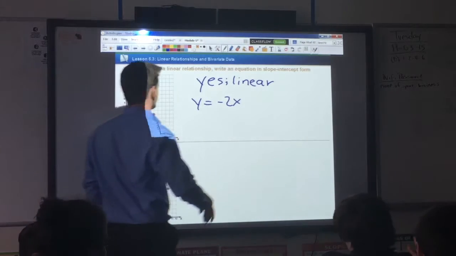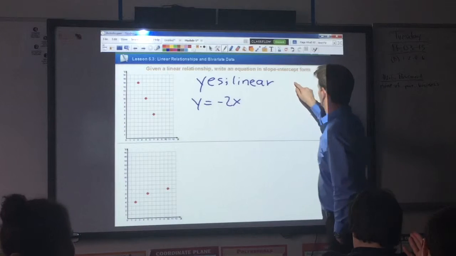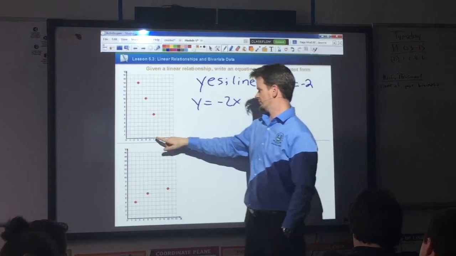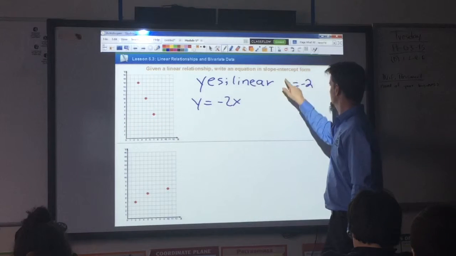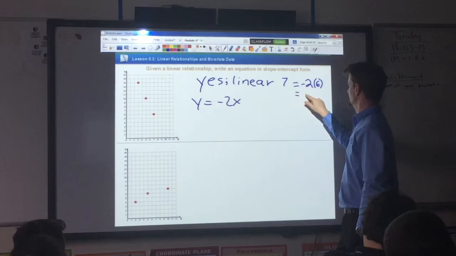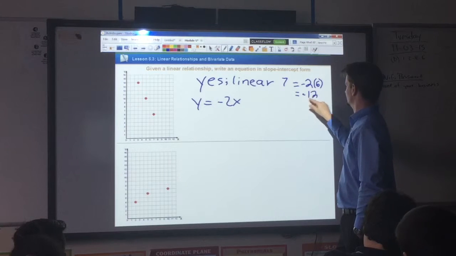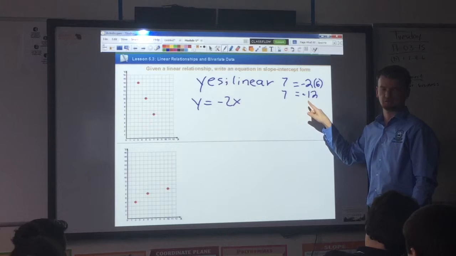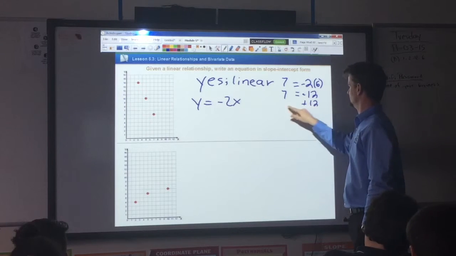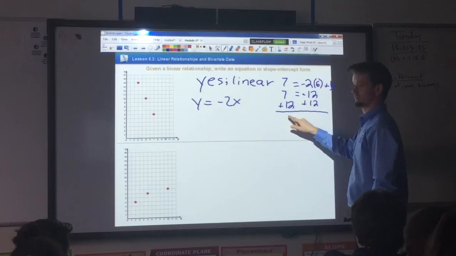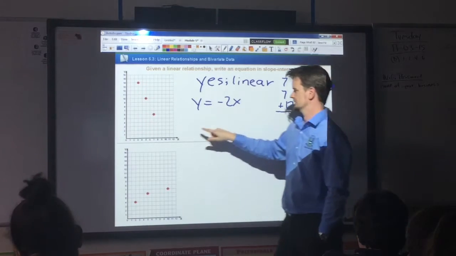Let's just see here. Let's plug this in. We know that the m is -2. We'll use maybe this coordinate pair here, 6 and 7. This is going to be -12. What's the opposite of -12? Positive 12, which means that my b would be... Isn't the 6 the y?